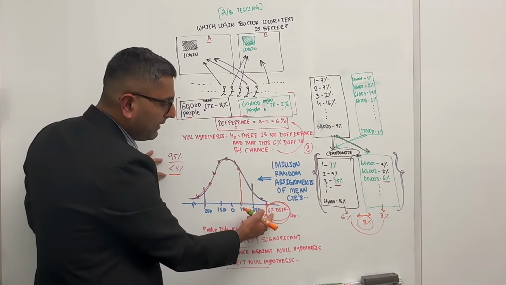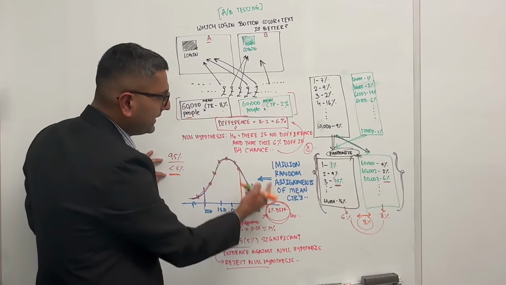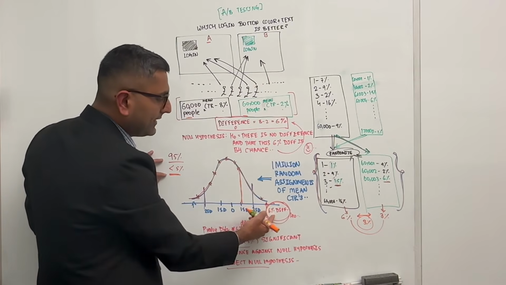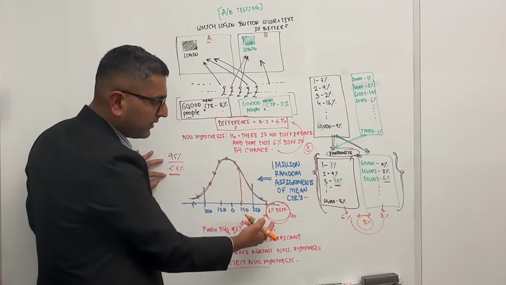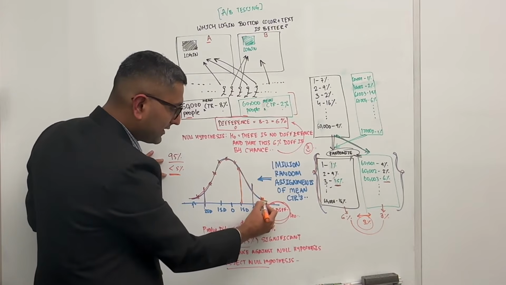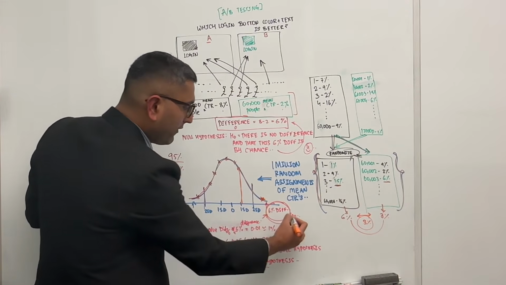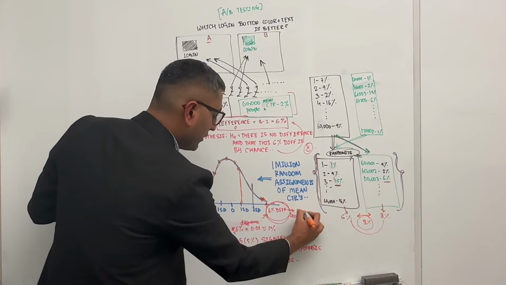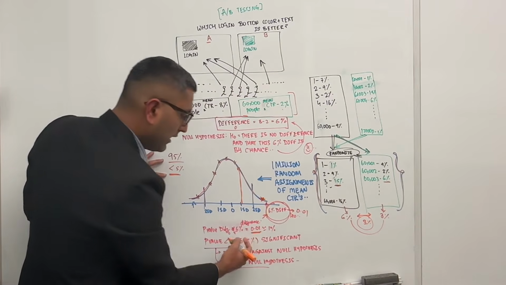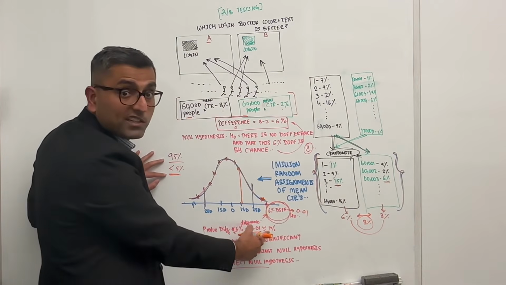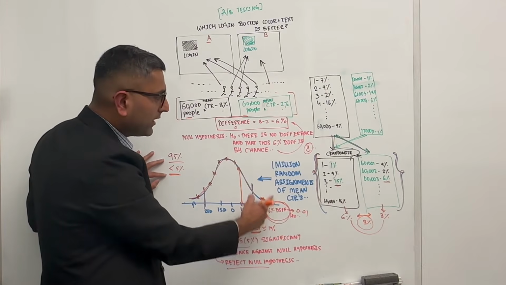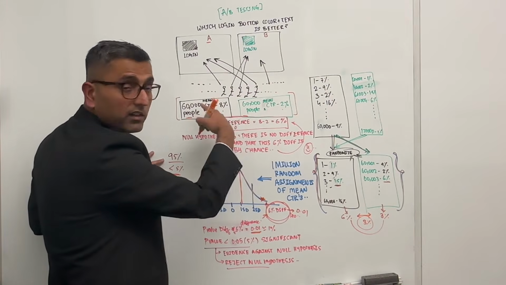So let's say we find out the p-value for observing a 6% difference, which is somewhere here, and this p-value is 0.01. That means there's only a 1% chance that you can observe a difference of 6%.